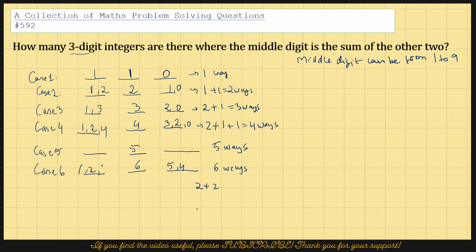And then 3 and 3, with no swapping, is 1 way. Writing a 4 would give a 2, which is already considered.